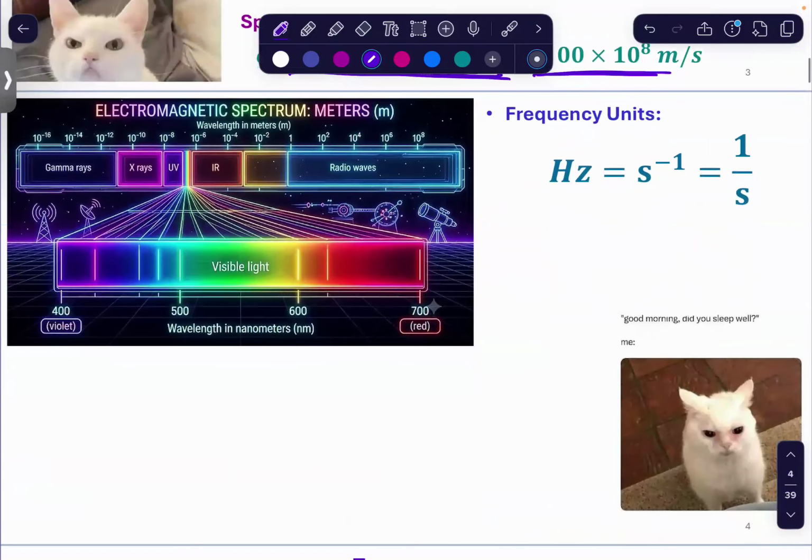So of course, we're all familiar with the visible spectrum of light. And so you can see the RGB spectrum, you can see across the rainbow of colors, but it's really this tiny little section of the electromagnetic spectrum. So you can see as wavelengths get shorter and shorter and shorter at this end.